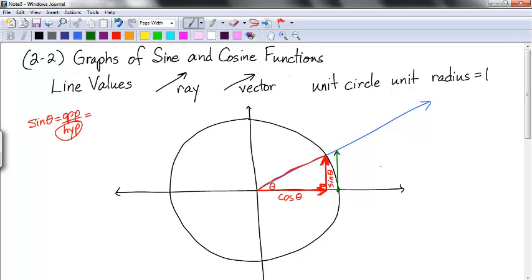Now look at the large triangle. In that triangle, and you're still looking at this as the reference angle, this would be the opposite over the adjacent, but the adjacent side is the radius, which is 1. So this is tangent of theta.